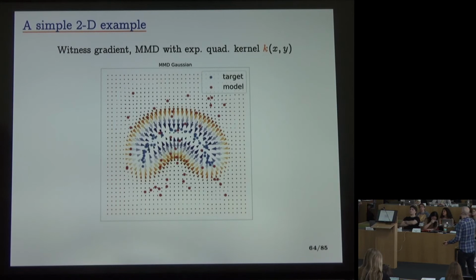Now, because it's in 2D, classic MMD isn't too bad with this. So here is the witness gradient, which is what I want to follow to improve my model, for the classic MMD with a standard Gaussian kernel. You can see that this witness gradient isn't too bad. It's pulling my red points towards my blue points.